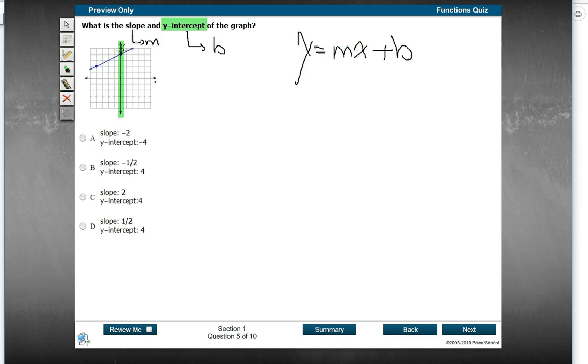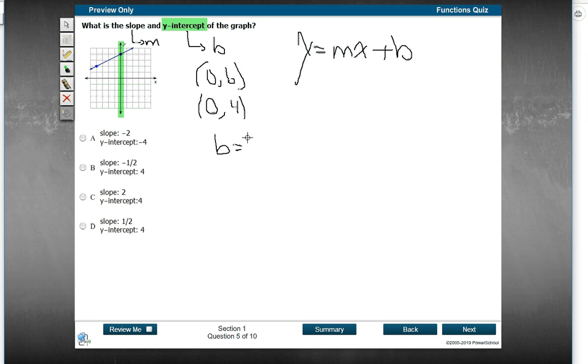I can count up, because it's always the point 0, b, where our x value is 0 and our y value is b. So if we count 1, 2, 3, 4, the y-intercept is the point 0, 4. And so we know that b is going to be equal to 4 for this one.